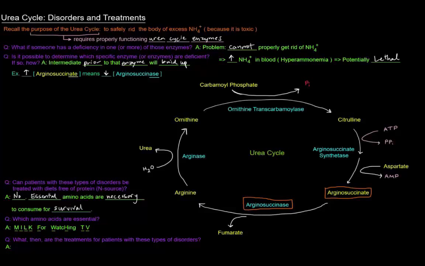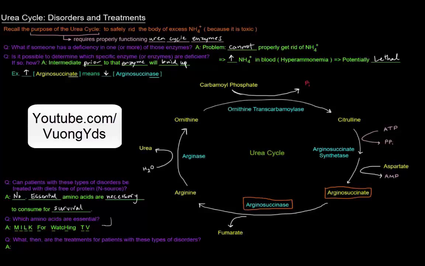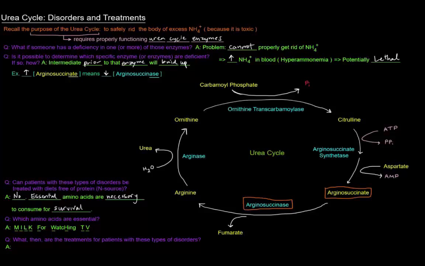So the essential amino acids are MILK, which is methionine, isoleucine, leucine, lysine, and then F, phenylalanine. The W in watching is tryptophan. H in watching is histidine, and T and V are threonine and valine. So it's kind of weird. Milk for watching TV. I don't drink milk when I watch TV, but the point is I use this to remember, and I haven't forgotten. So it might be good for you to remember this.